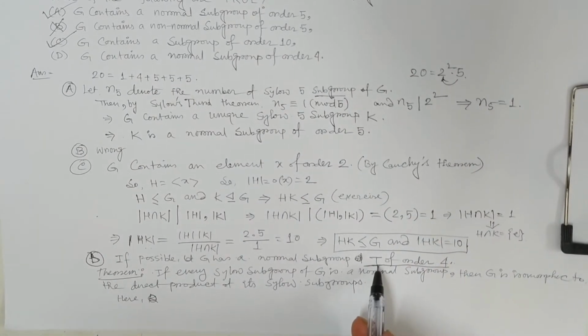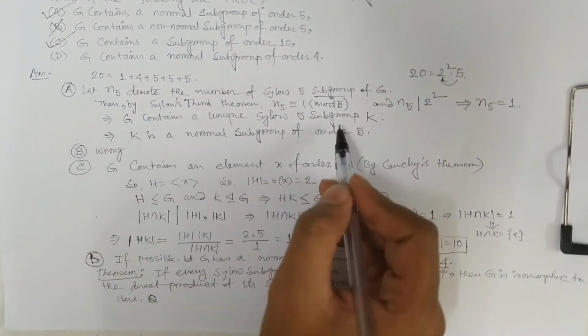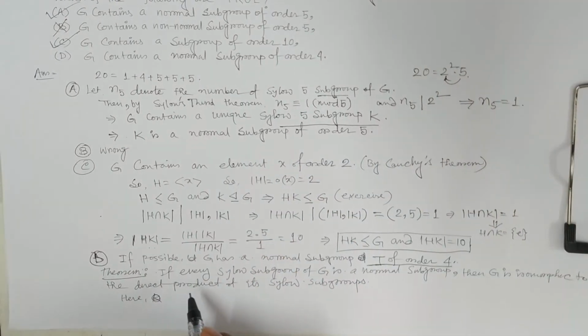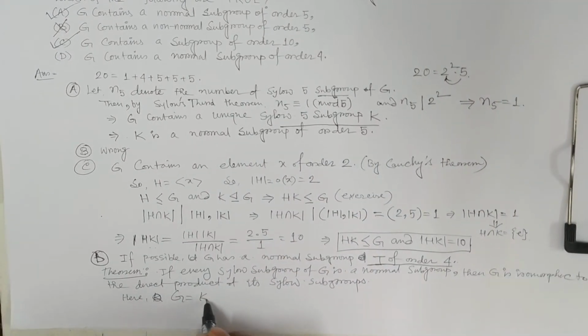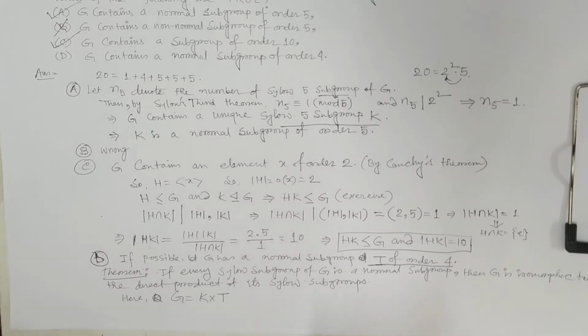So we name them T and K. So G is the direct sum of K and T.